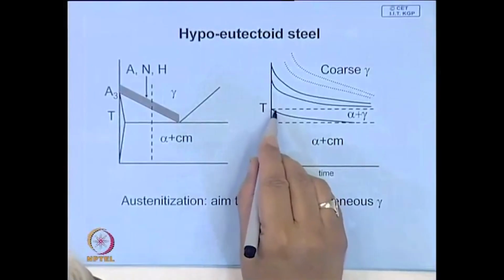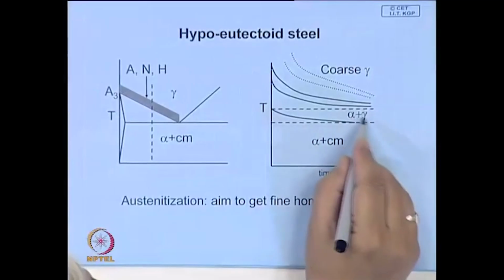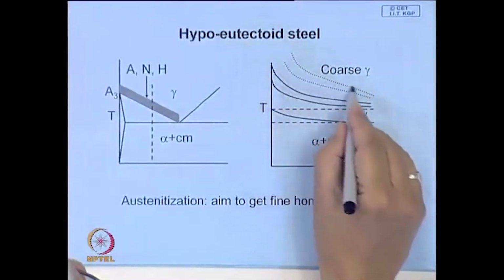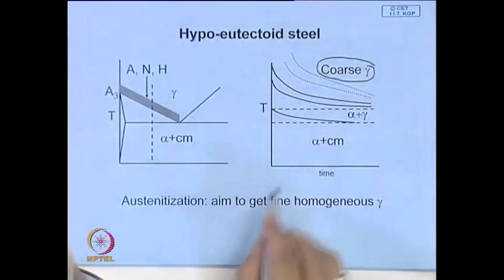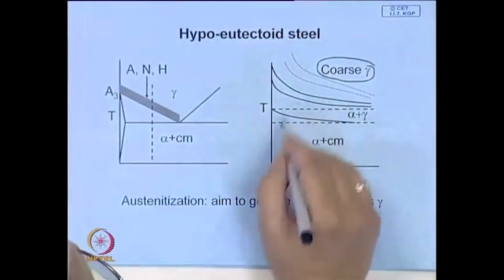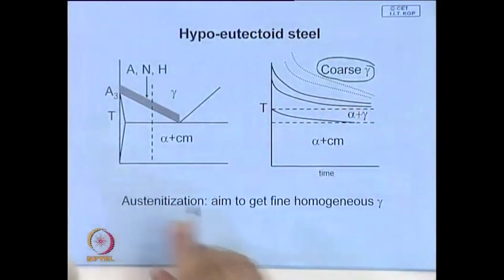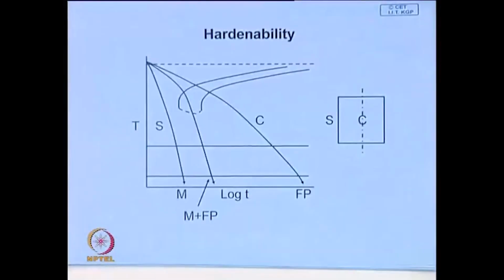This will be the beginning of formation of austenitic grains, and similarly this is where austenite starts to become very coarse. So, a similar diagram one can think of in the case of hypoeutectoid steel as well.